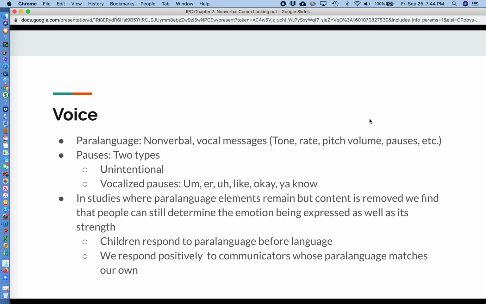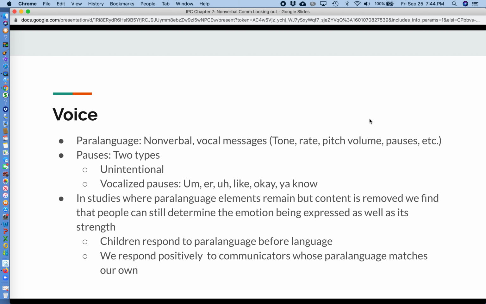So this goes with the notion that 90-some percent of the emotion that's conveyed in words is actually conveyed by paralinguistic means. So in other words, it's done by things that aren't in the words themselves. And so we find that children, for example, respond to paralanguage before they understand language.